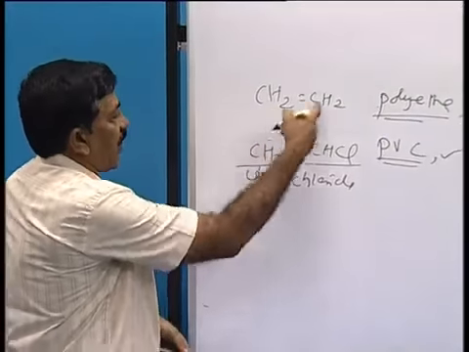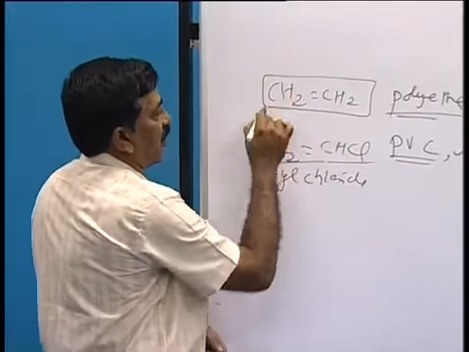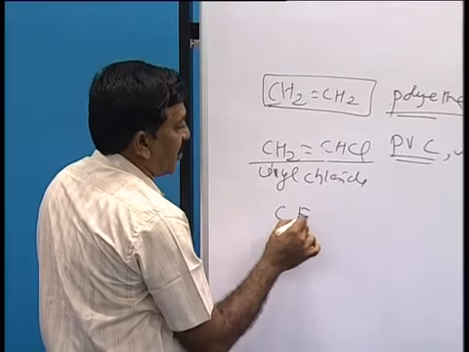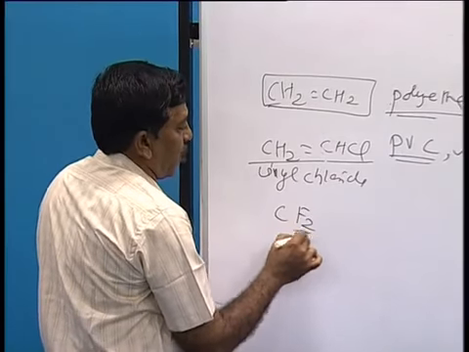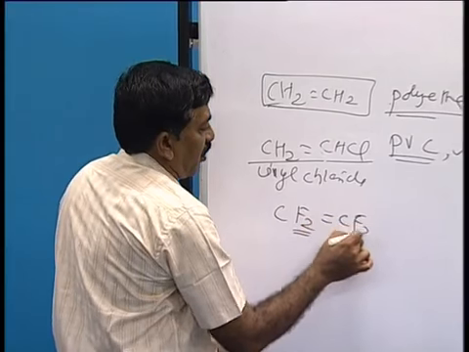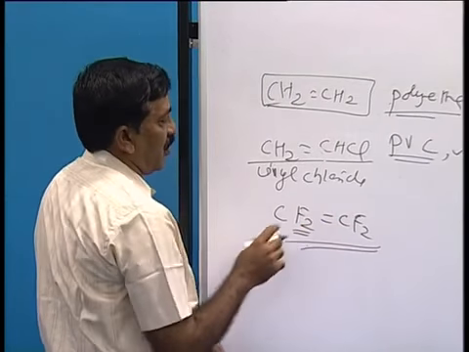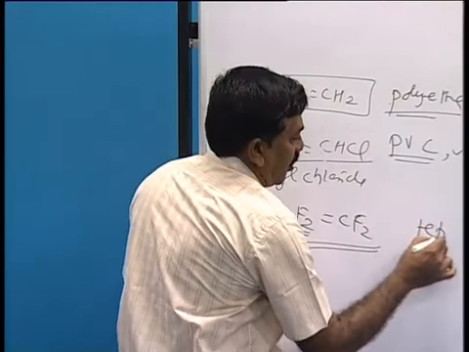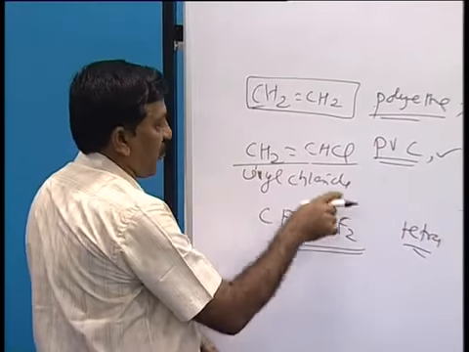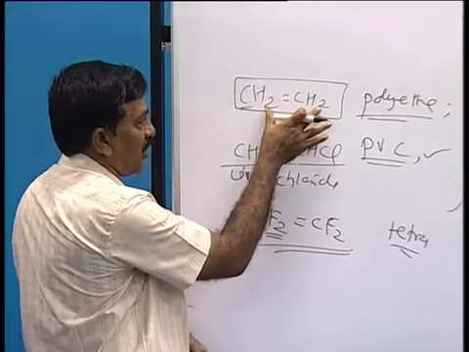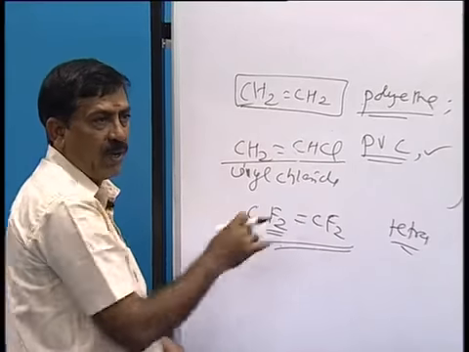Similarly, in the case of polyethylene or polythene, if the hydrogen is replaced by fluorine, now this compound is called tetra. Tetra means 4. Instead of the 4 hydrogen atoms, the 4 hydrogen atoms are replaced by 4 fluorine atoms.